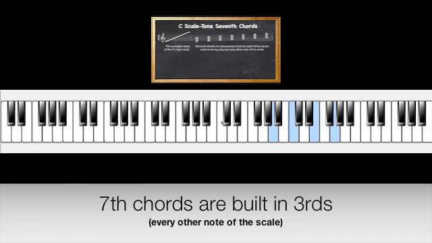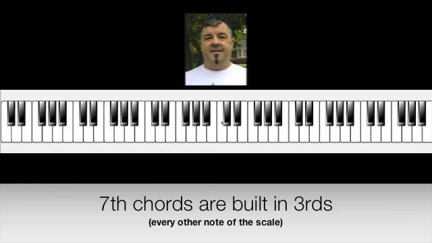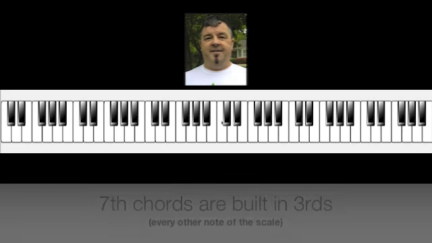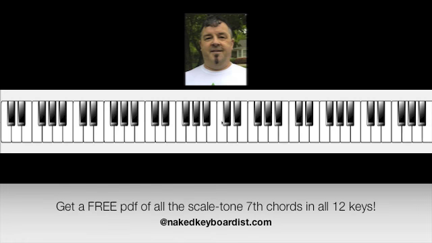Then the 6th chord is another minor 7th, and then the 7th chord is a half diminished 7th. And we won't worry about those terms at this point. But using the information that you now have, you can go through all 12 keys and build 7th chords to every tone of the scale.